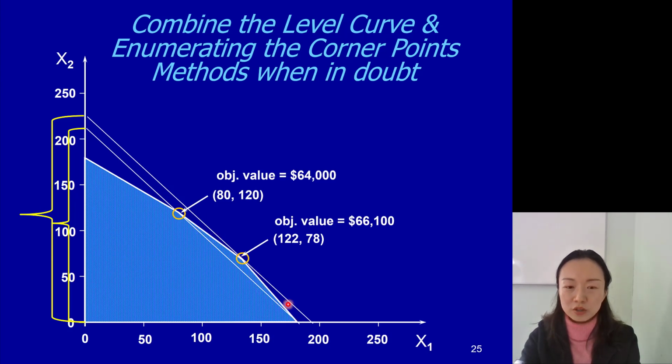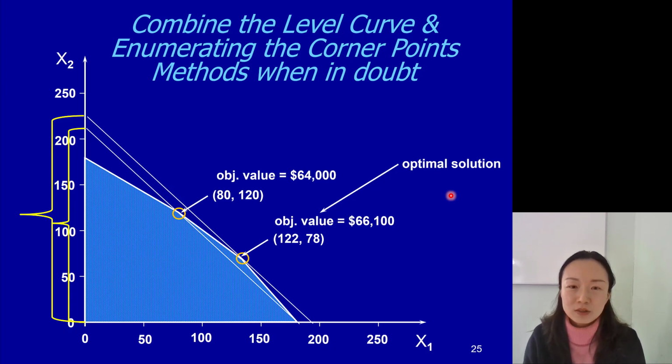So it can be hard to really determine which point it is. Then just calculate the objective function values for those two points and choose the one that's better. Okay, like in this case, this is the optimal one. So with this, we are done with the graphical method to solve LP problems.